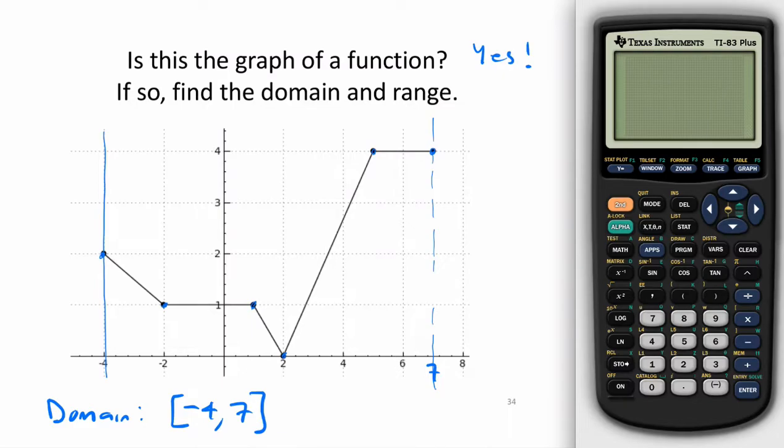And what about the range? Well, like in the previous example, the lowest point on the graph is right here at an input of 2 when the output is 0. In other words, the lowest horizontal line that intersects the graph is right there at y equals 0.